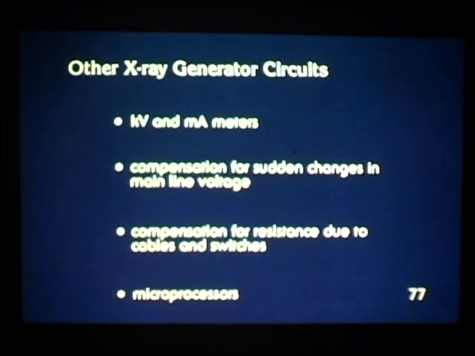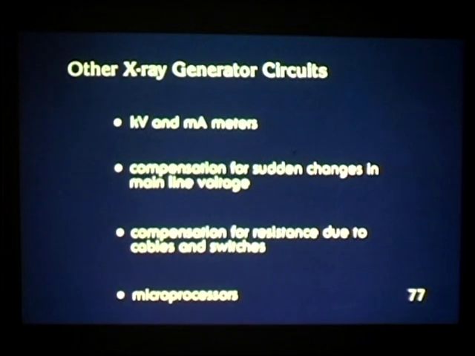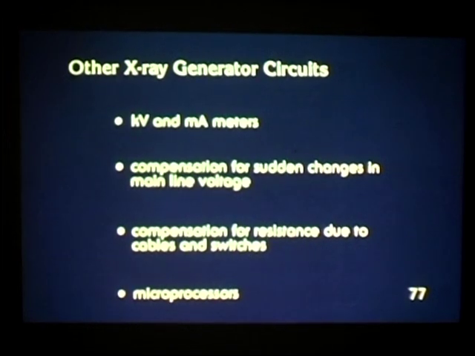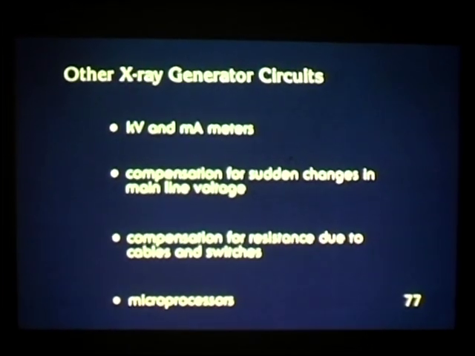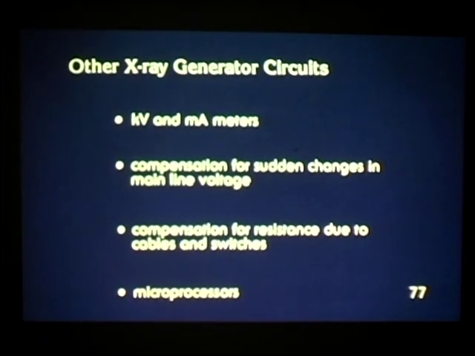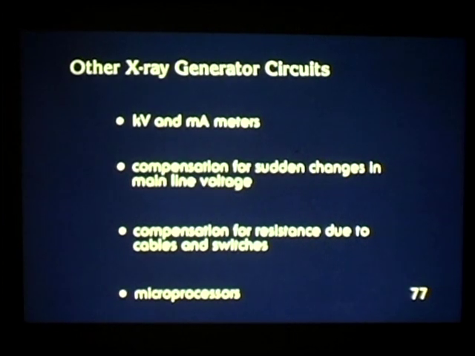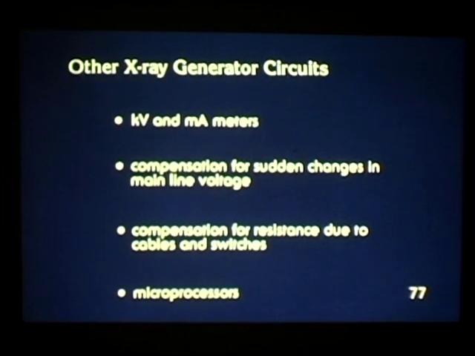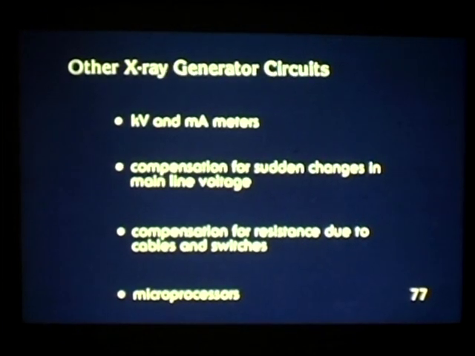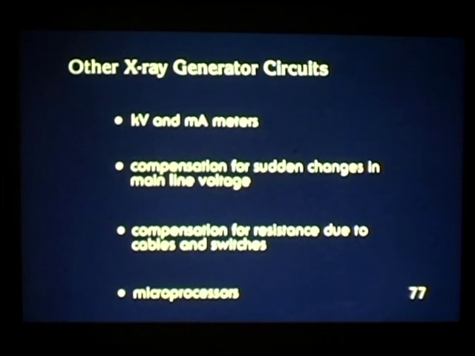There are other circuits in an X-ray generator that allow it to operate more efficiently than the simple circuits we have discussed. Some of these are the circuits for the kV and mA meters, the circuits that compensate for sudden changes in main line voltage, and the circuits that compensate for resistance due to cables and switches.